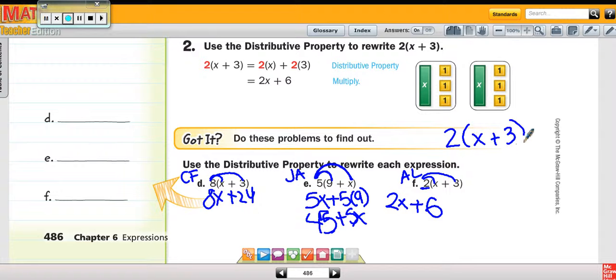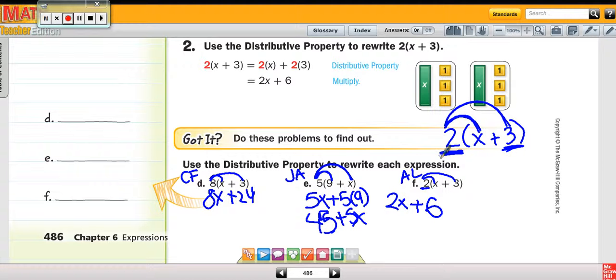These numbers inside are the people they're sharing with. If you only share with x, that first term, and you forget to share with this next one, these guys get really mad. We have to make sure that we're fairly sharing. So we share here and we share here to make sure that we're distributing evenly.